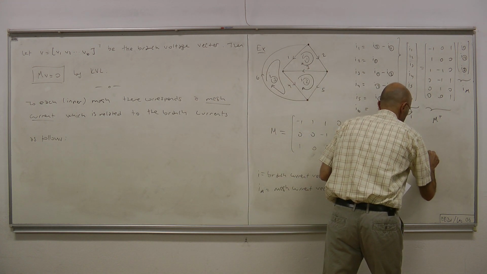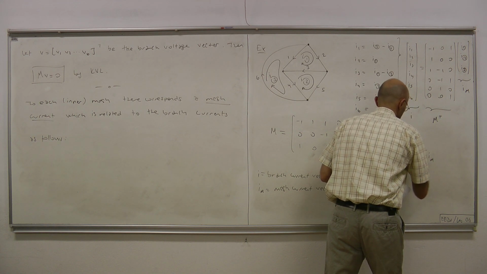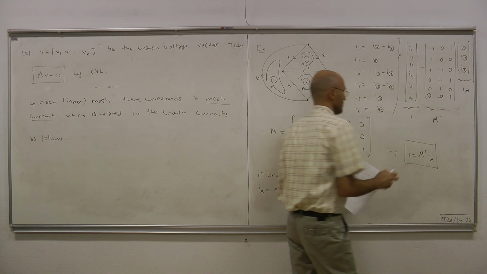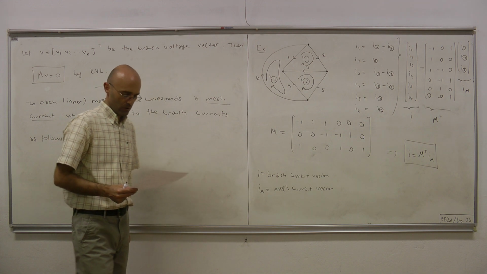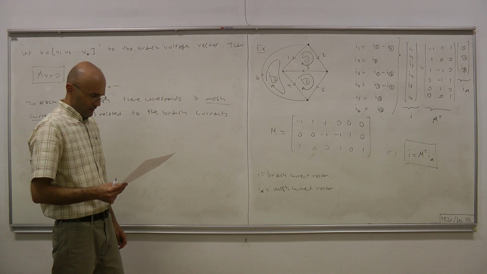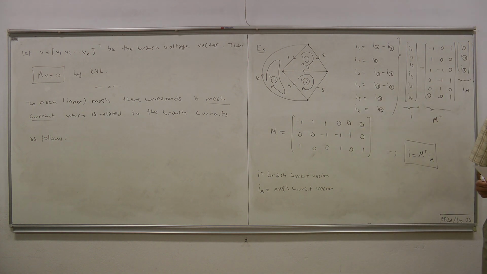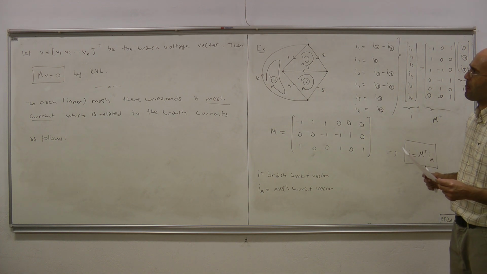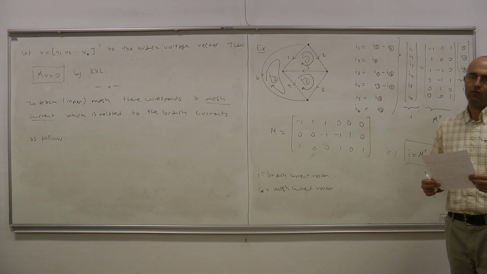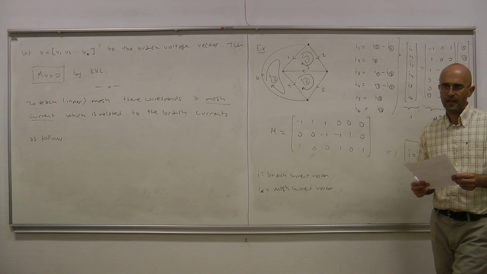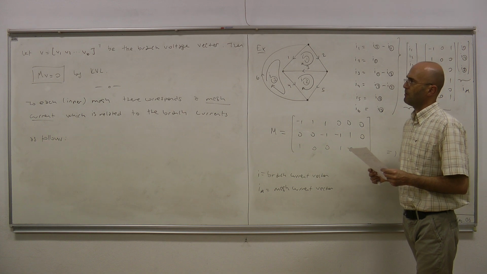I equals N transpose I sub N. And with that we have ended the matrix formulation of KVL using the mesh matrix.